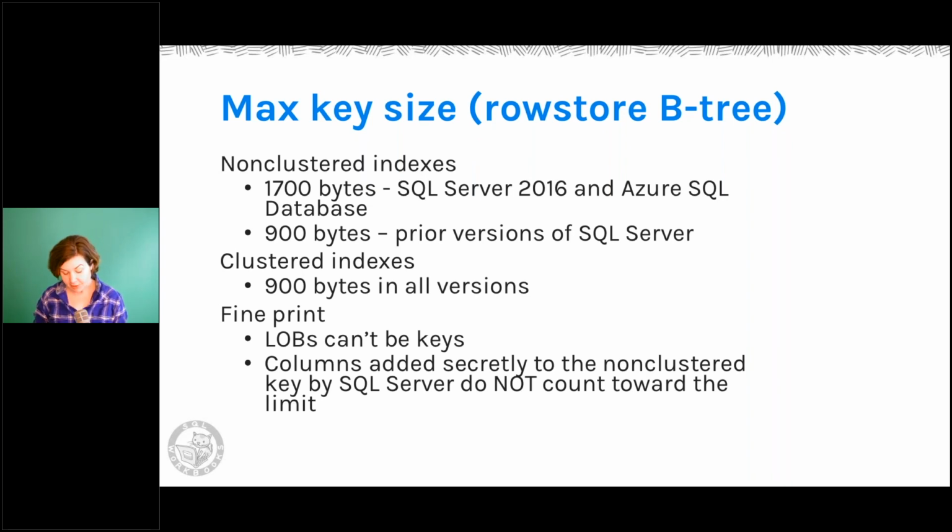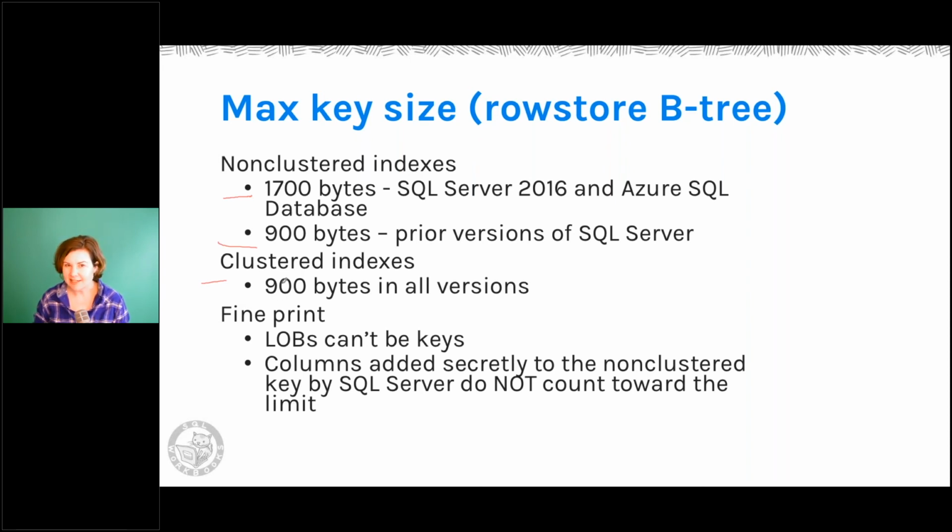This did get bigger in SQL Server 2016. I think 900 bytes is generally plenty, but because of improvements related to in-memory OLTP, we now have an expanded amount of columns that you can put in your non-clustered index keys, just non-clustered indexes. Note that clustered stayed the same.